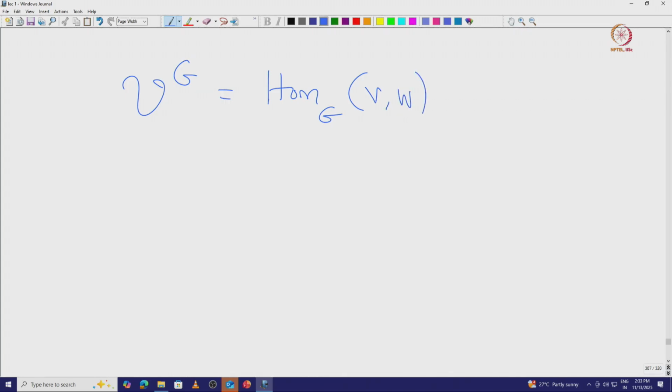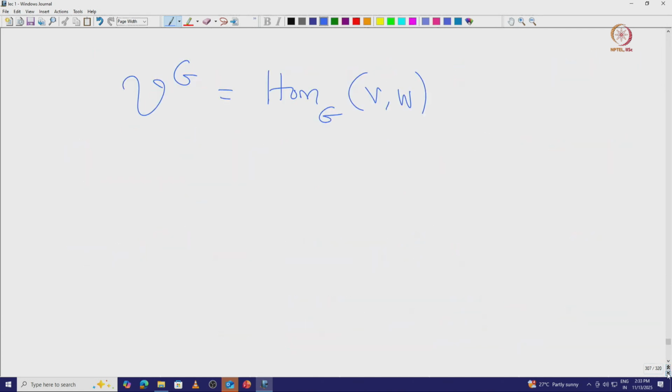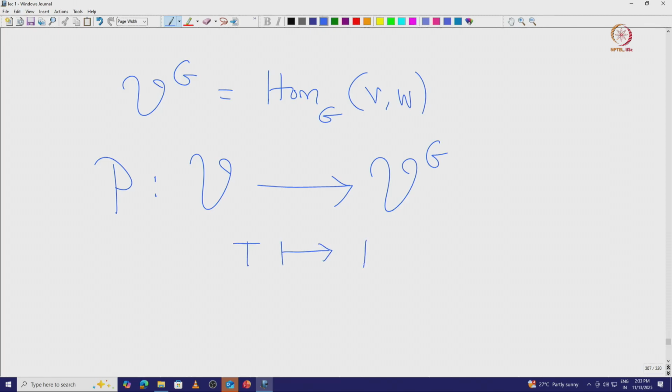As I said before, that is how we were motivated to define the projection P from this big space, which is the Hom space, to its fixed point space, where the projection is defined by using this average technique.